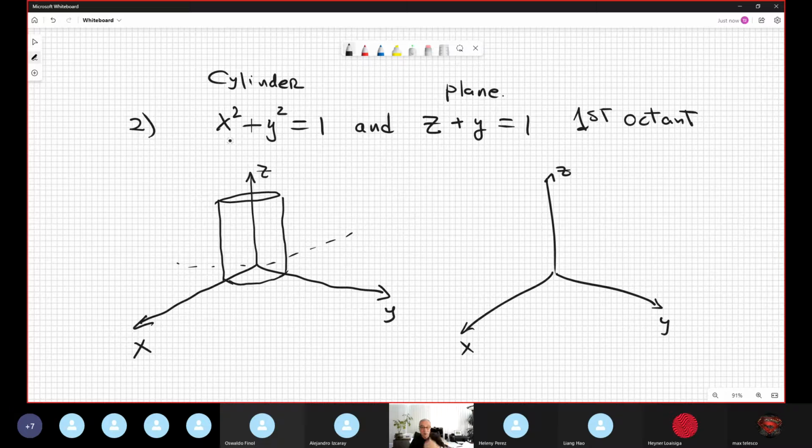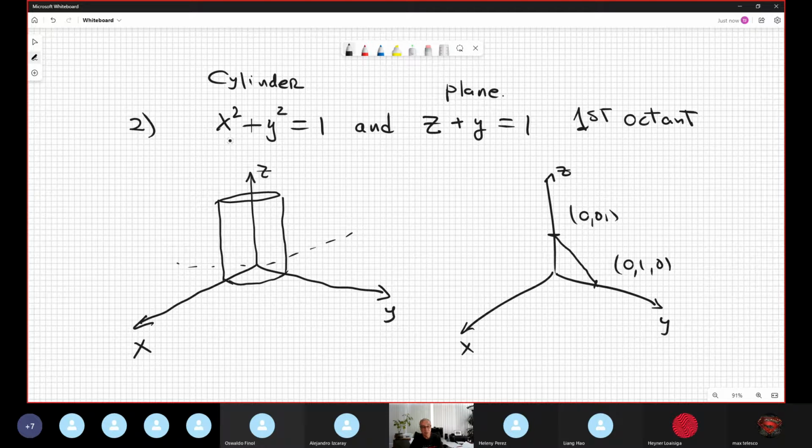Suppose que y is 0, then z is 1, and we have one point, the point 0,0,1. And suppose que z is 0 and y is 1, and we have the point 0,1,0. And at least I have a line.